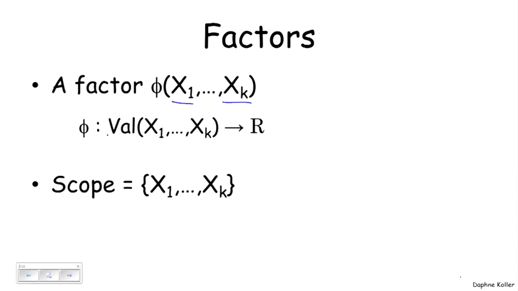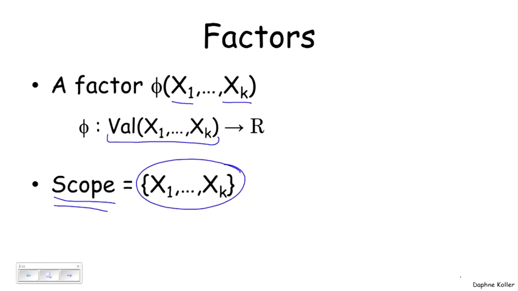So it takes all possible assignments in the cross-product space of x1 up to xk, that is all possible combinations of assignments, and in this case, it gives me a real value for each such combination. And the set of variables x1 up to xk is called the scope of the factor. That is, it's the set of arguments that the factor takes.